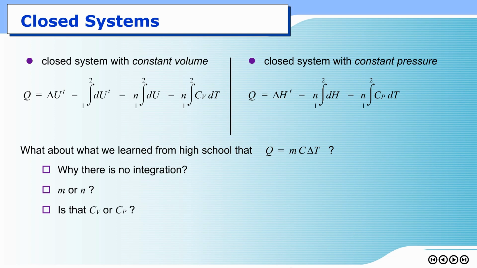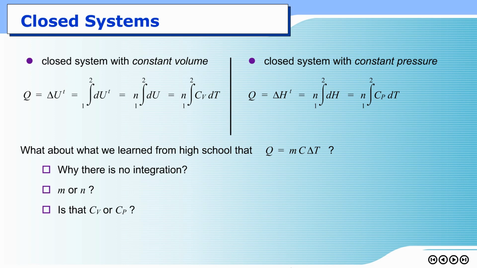So, for this part of the lecture, I put some details in the calculation of the first law and divide them into two extremes: closed system with constant volume and closed system with constant pressure. In reality, the change that we have might not be either one. It might be somewhere in between.